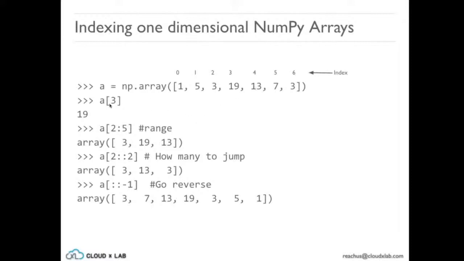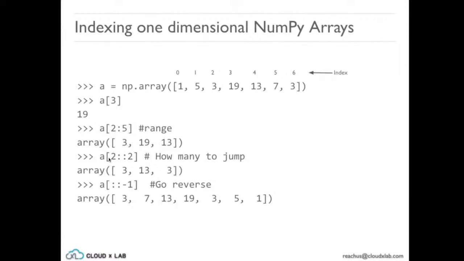That's easy to do. If you wanted the third item, it would be 19. Other things you can do is slicing, or getting a range. If I gave 2:5, I'd get everything from 2 till before 5, so till 4 essentially. So I'd get something like this.